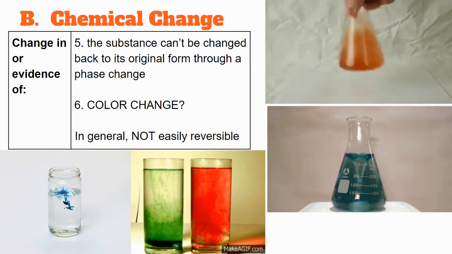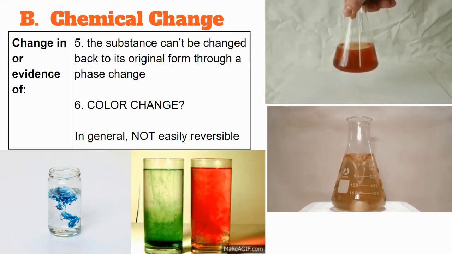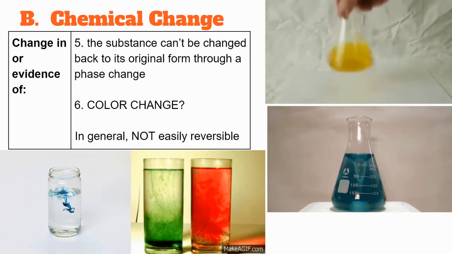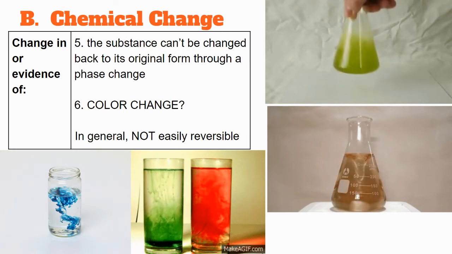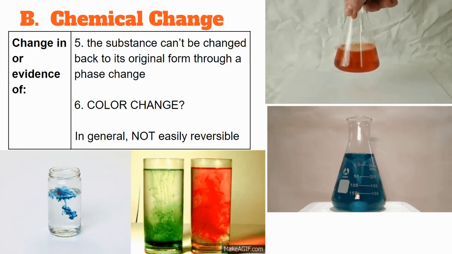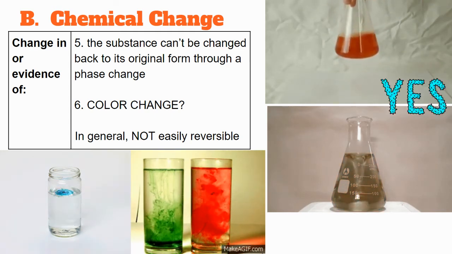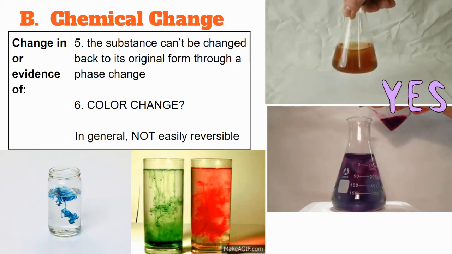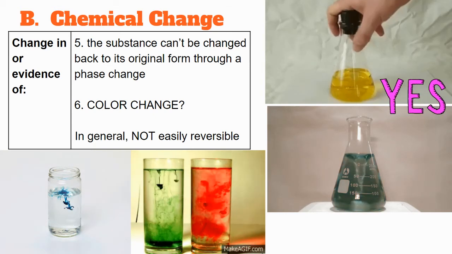The other two pictures on the lower left have drops of either blue, green, or red solution being dropped into glasses of colorless solution. When we're thinking about which of these color changes would be evidence for a chemical change, we're thinking about the ones here on the right being yes, chemical changes, because again, we're getting something different than the original things that we put in there.